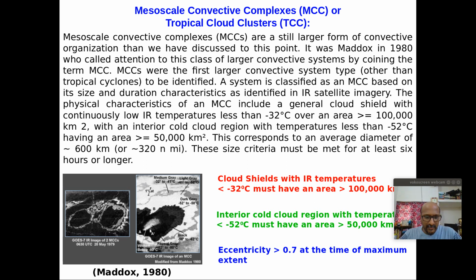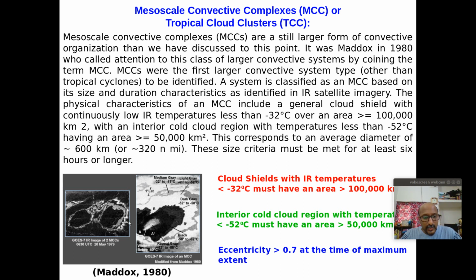That is one criterion. Along with that, there will be an outer cloud region with IR brightness temperature less than minus 32 degrees Celsius over a larger area.